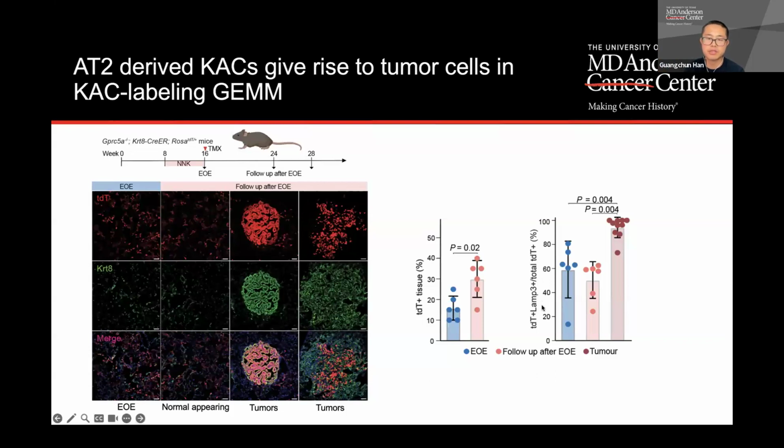By comparing this TD tomato positive, LAMP3 positive cell fraction, we observed a strong increase in this subtype of cell population in tumor samples. And this justified our hypothesis that those tumor cells are coming from A2, go through the CAC cell state and form the tumor cells.